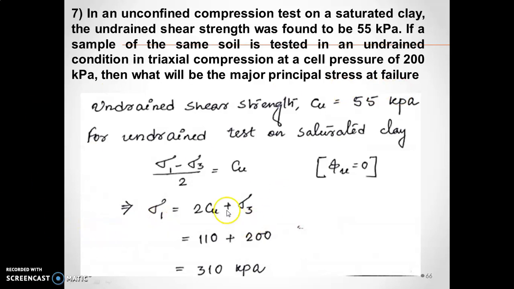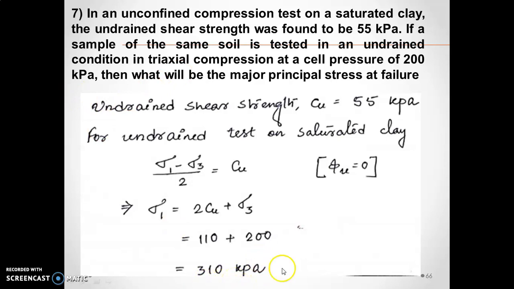So sigma 1 is equal to, cross multiply, 2 Cu plus sigma 3. Cu is 55, 2 into 55 plus sigma 3. Sigma 3 is equal to 200. It is given the compression cell pressure, that is sigma 3, equal to 200. So totally sigma 1 is equal to 310 kPa.